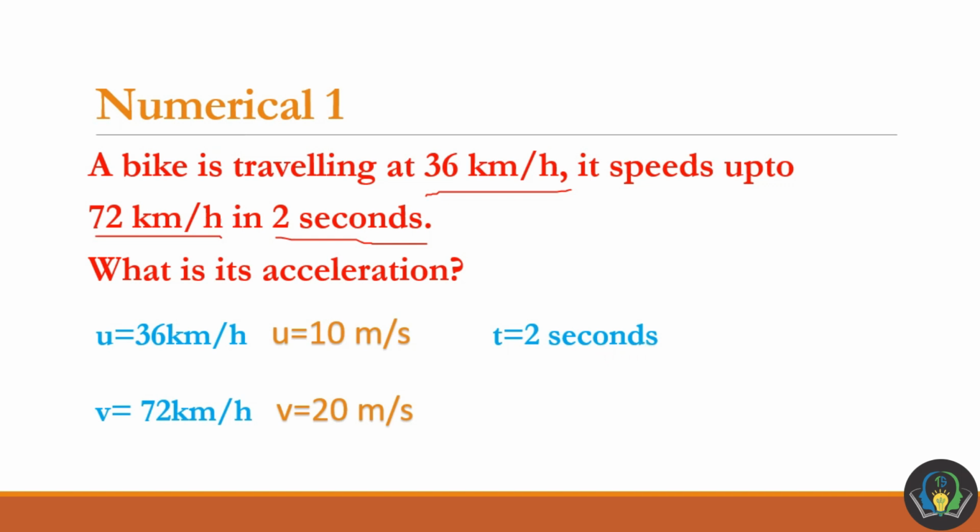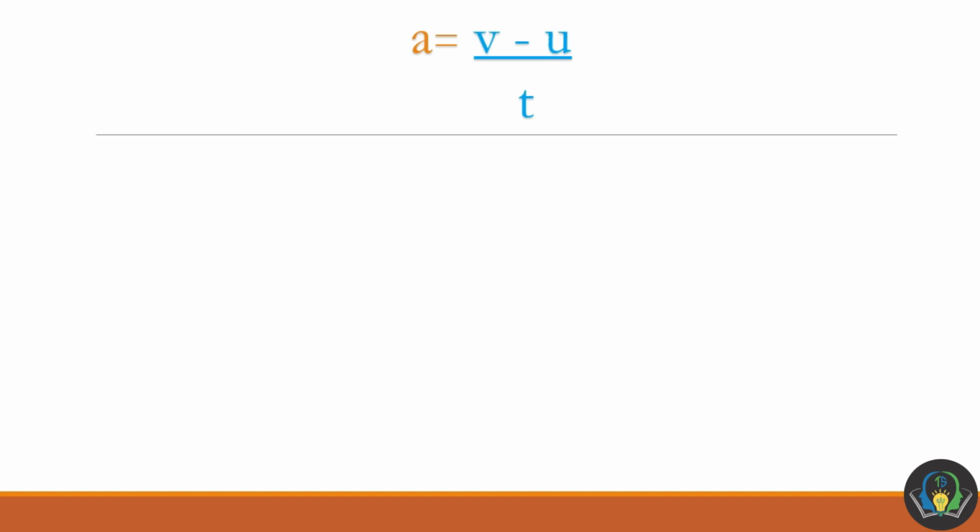It is 2 seconds. So the formula is a equals v minus u upon t. We will substitute the values that we have, that is 20 minus 10 upon 2. Remember always to put the final velocity first and then the initial velocity. So stick to this formula of v minus u upon t. And time taken is 2 seconds.